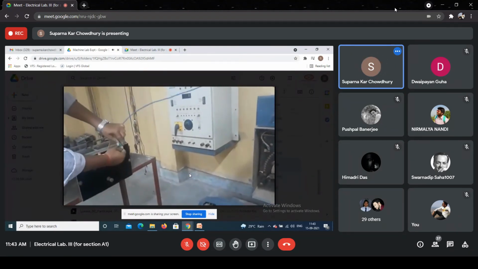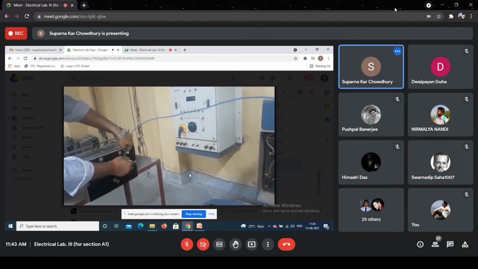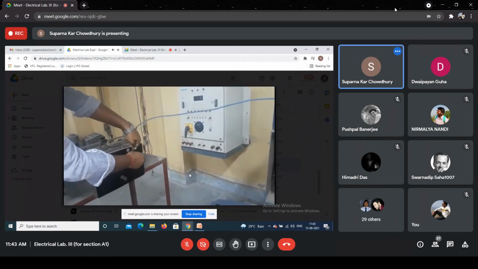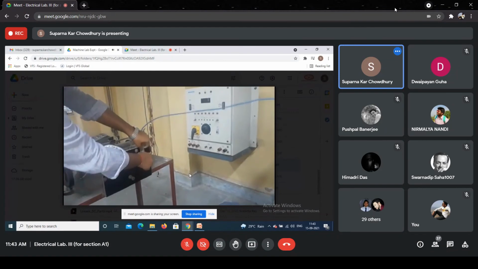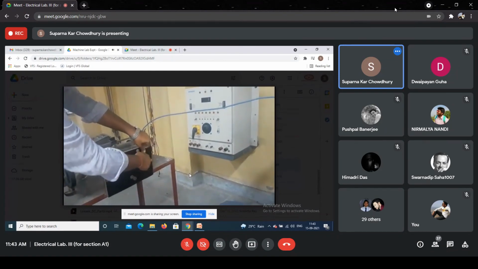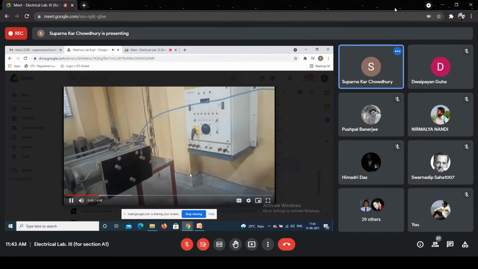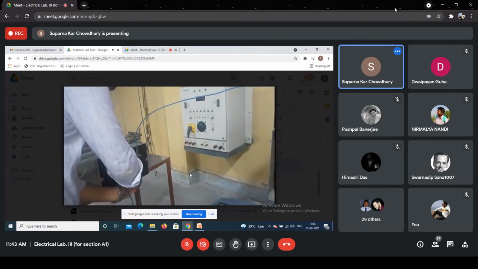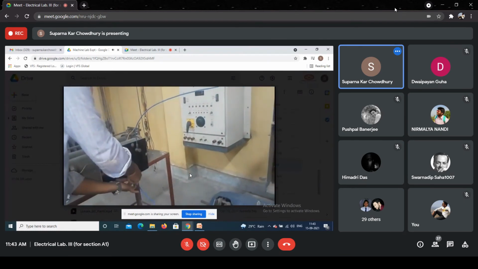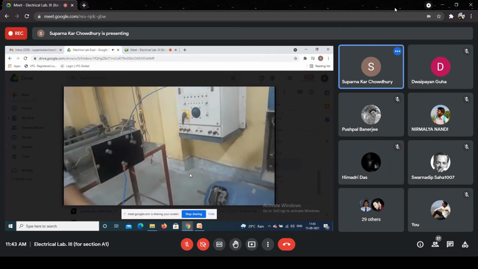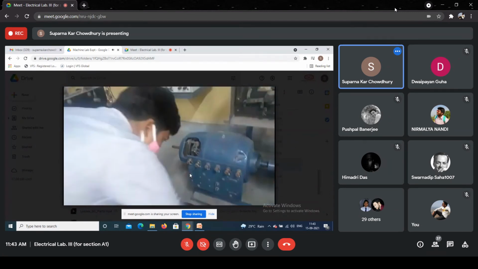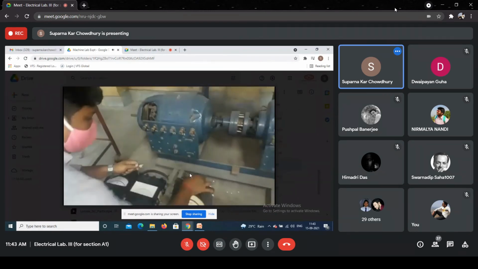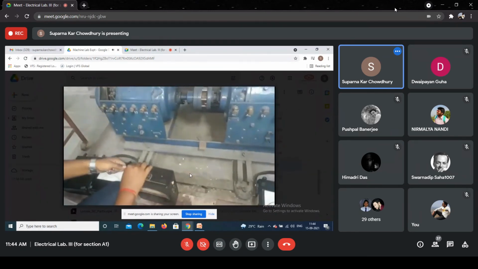So this is from the armature terminal to the rheostat, and the rheostat to the ammeter.